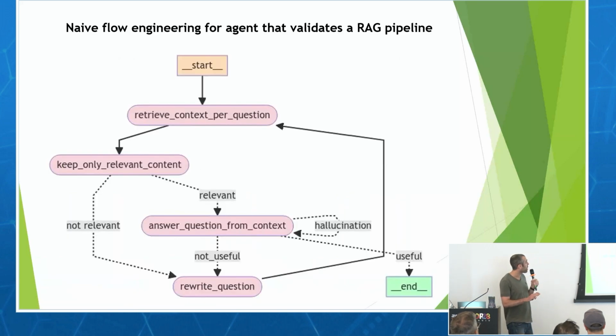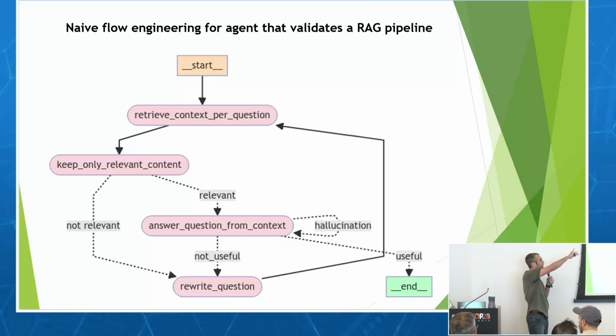All right, so until now, if we want to think about a naive flow engineering that an agent can validate the RAG pipeline, we can input some query, then retrieve the context per this query, the question, and then filter out all the non-relevant information from this context.